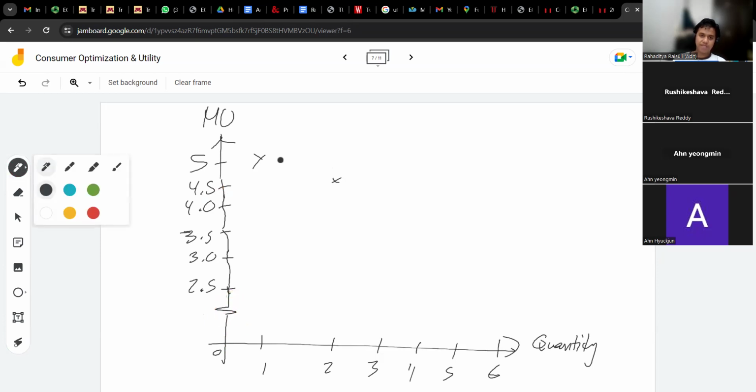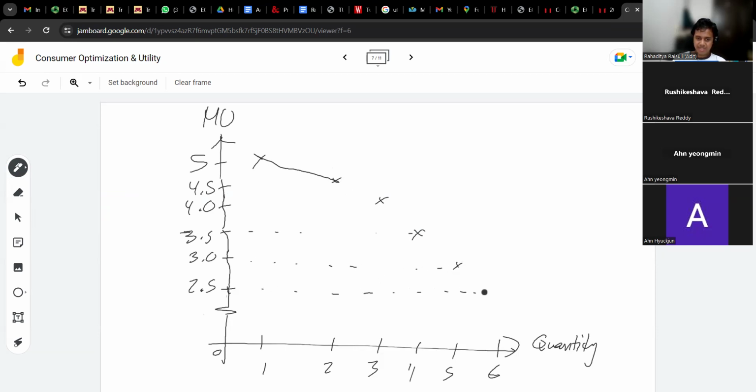So now we can plot the graph, right? At quantity 1, your marginal utility is 5. Then at quantity 2, marginal utility is 4.5. Then you can keep plotting: 3 is 4.0, 4 is 3.5, and then 5 is 3.0.